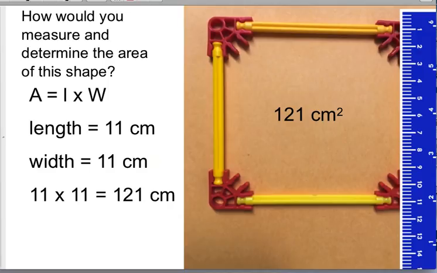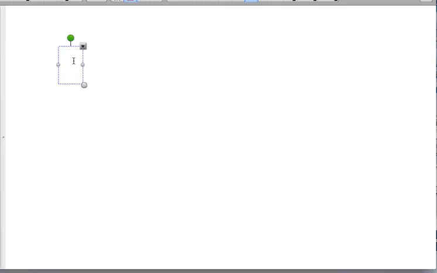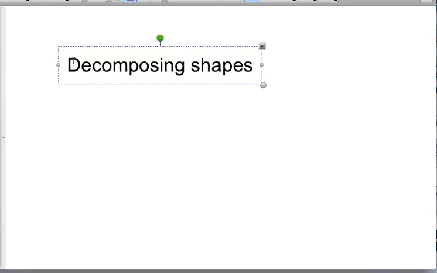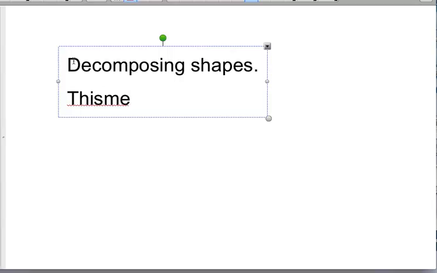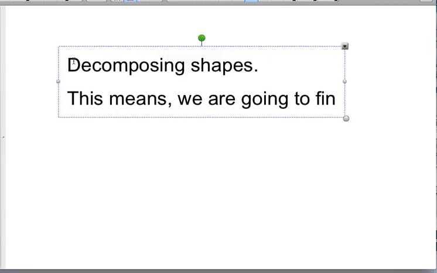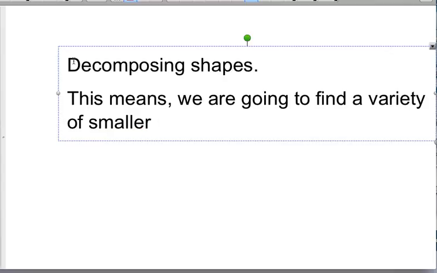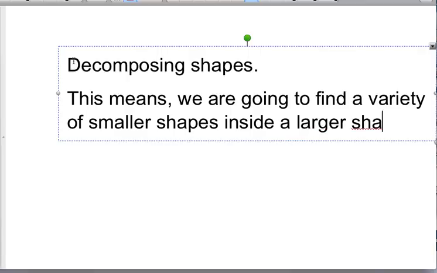Okay? Now what we're going to do is talk about the important thing of decomposing shapes. And this means the following. We are going to find a variety of smaller shapes inside a larger shape.